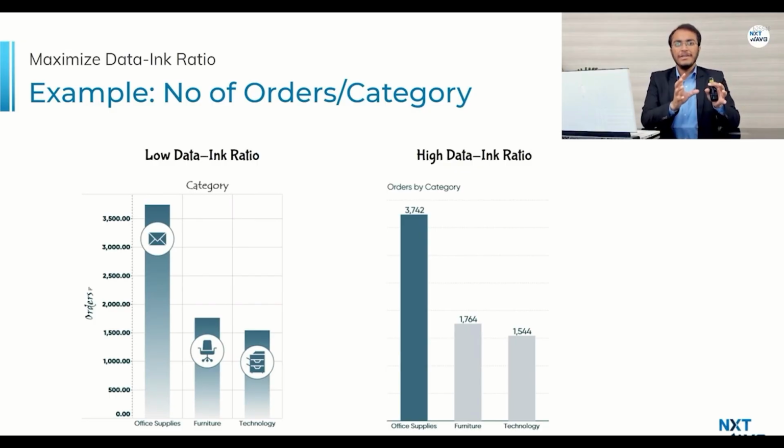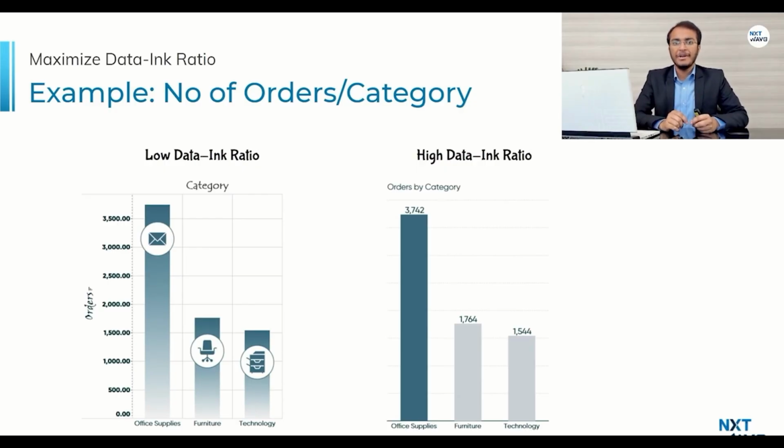Even though the visualization on the left side is representing the data accurately, we can still maximize the data ink ratio by removing all these unnecessary images and other kinds of text and effects, the gradient effects and things like that.